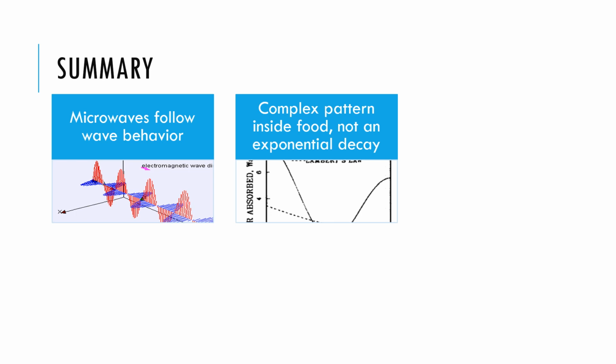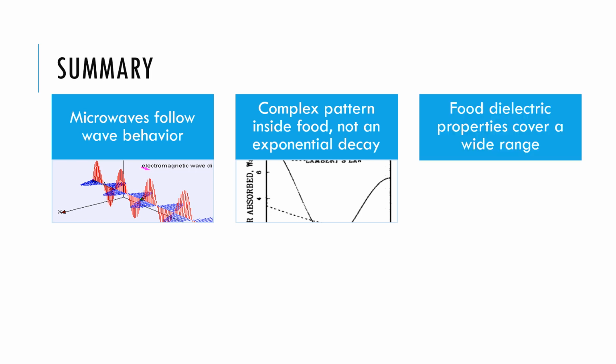Why did we do that? Because by doing that, we showed that the power of the wave can drop into the material as it's absorbed in an exponential way. But that was only for that specialized situation, not for oven heating.